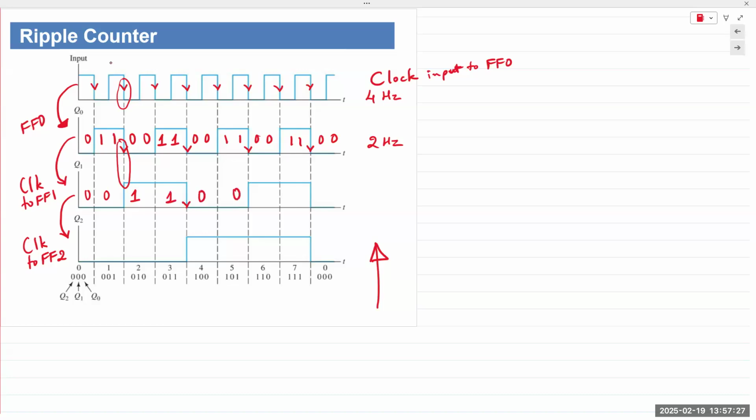It only transitions when the negative edge arrives. Output Q1 goes as clock to flip-flop 2, which remains at 0 until the first negative edge trigger arrives, and then the output goes to 1. Next negative edge arrives, output toggles and goes to 0.